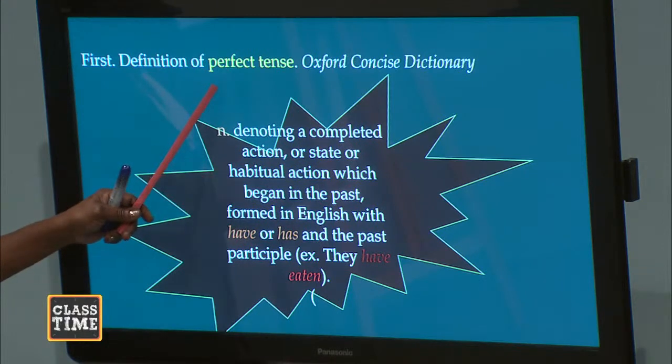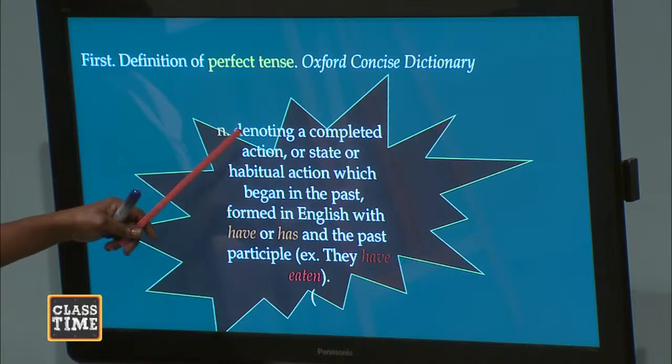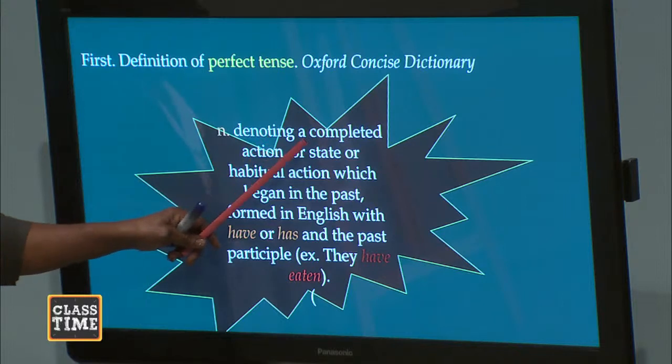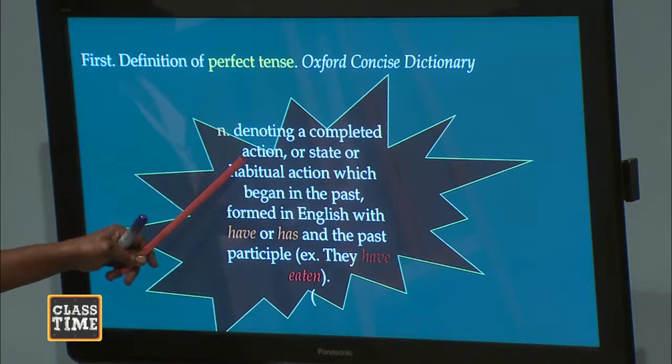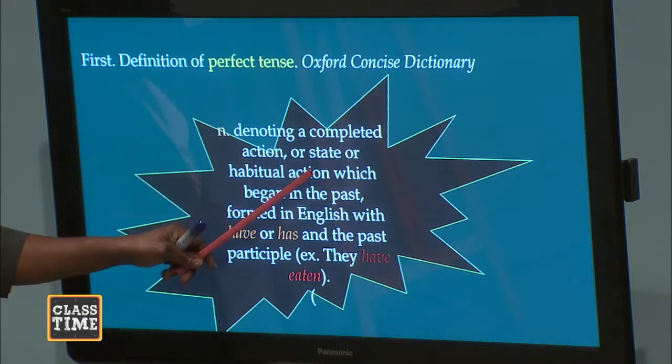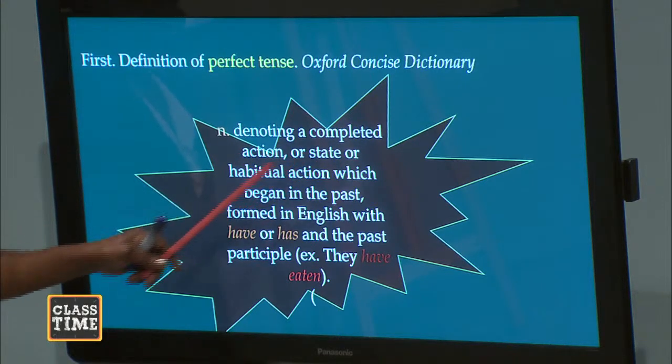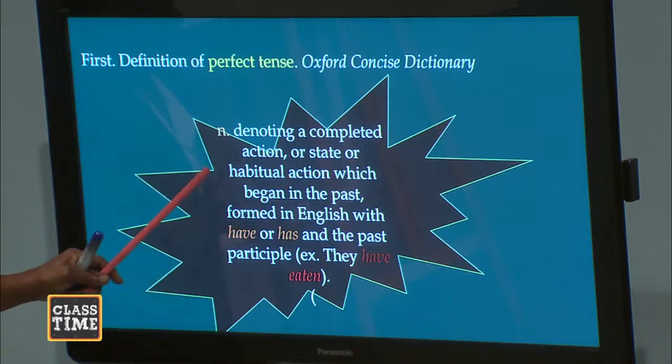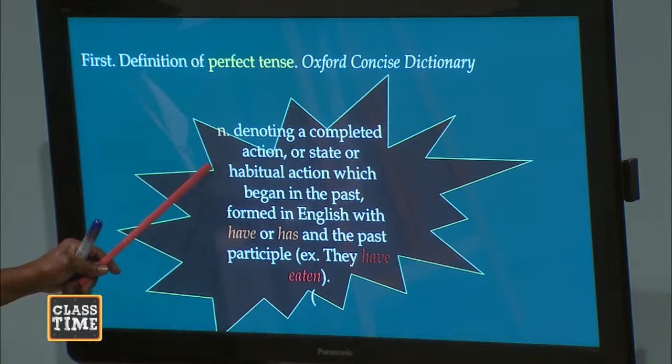The perfect tense is denoting a completed action or state or habitual action. So you see this habitual action? I am going to come to it soon.